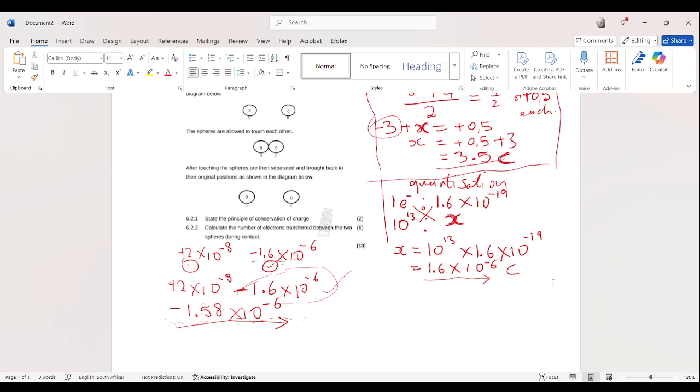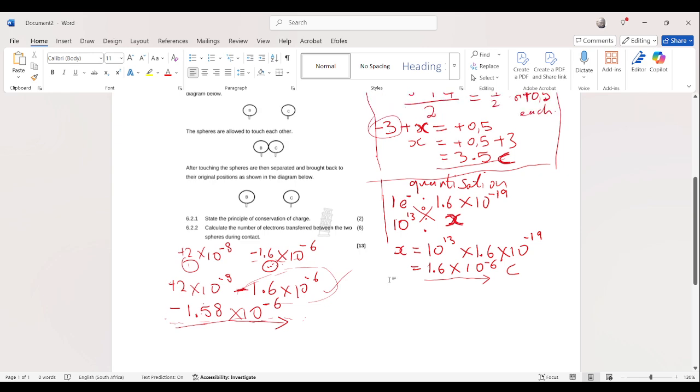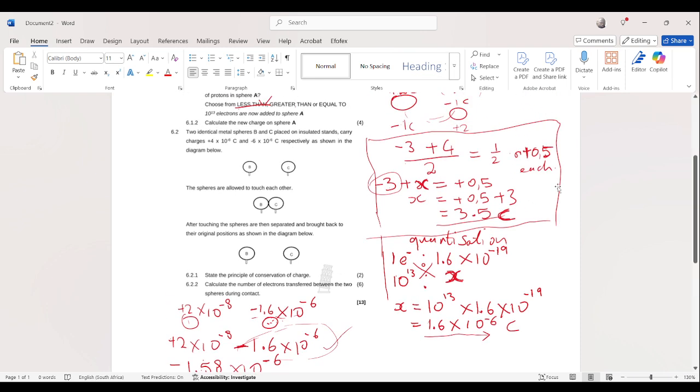Now they said calculate the number of electrons transferred between the two spheres during the contact. So how do we go about it? First of all, how many coulombs were transferred during the process? Whatever I've put inside this box is what you are supposed to be using.